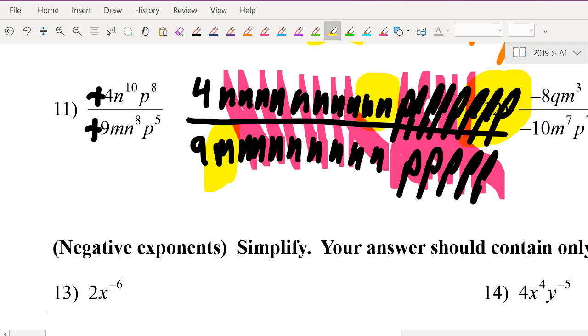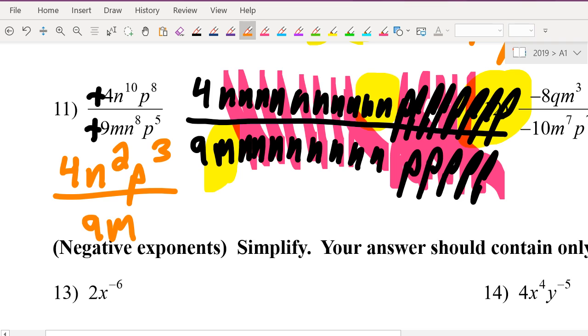So we got some stuff left. Give me my final answer, please, sir. Final answer is 4n squared, p to the power 3, there's 3 left, and over 9m. Is that right? Yes.